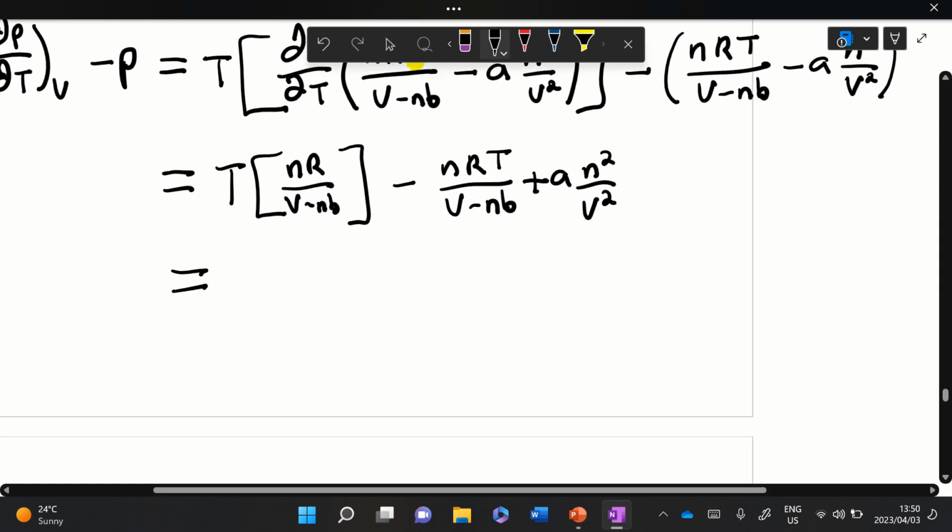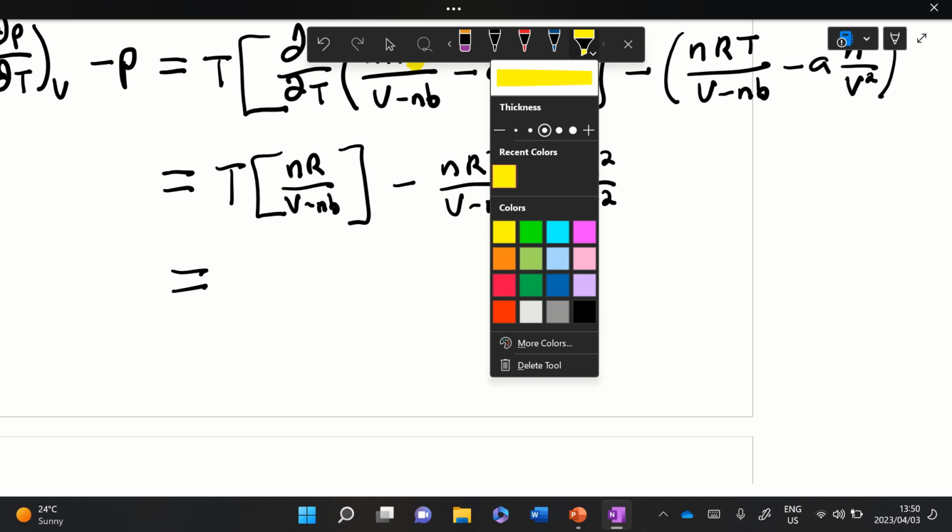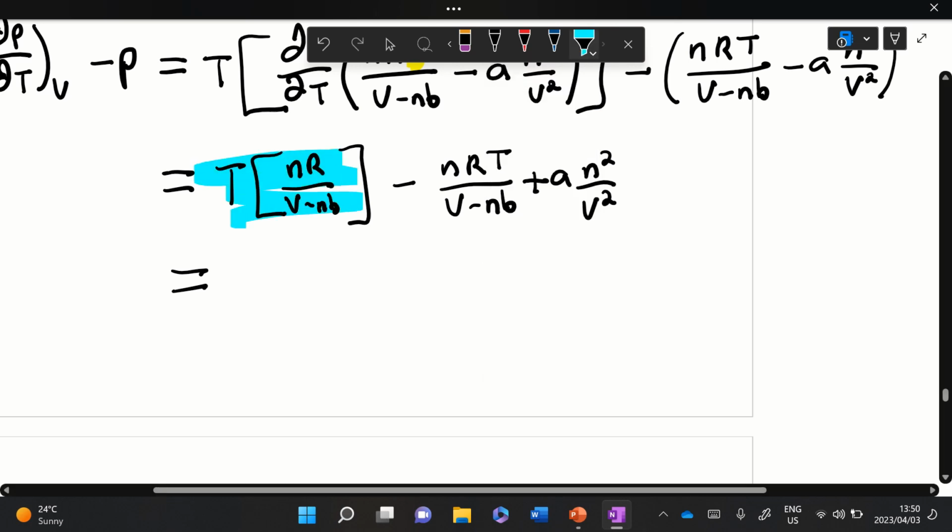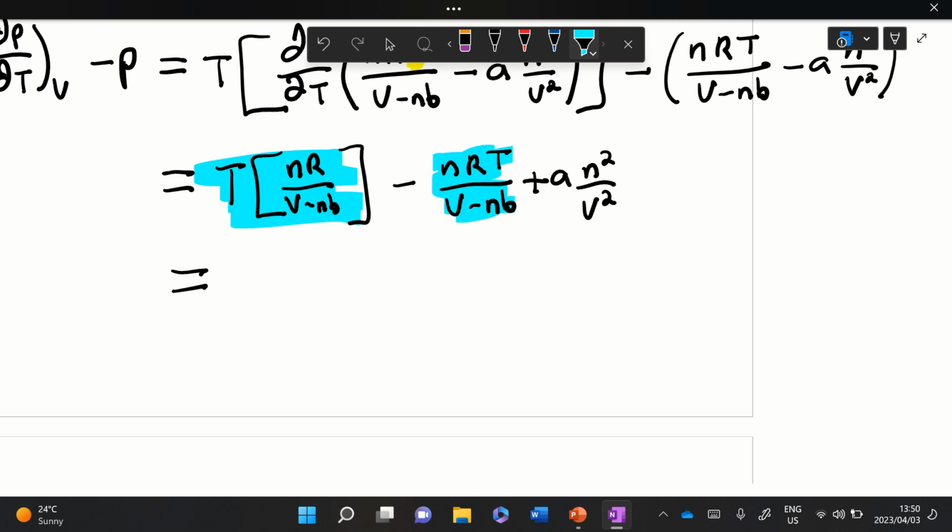Again, we can see that these two terms, this term and this term, are the same thing. So we're subtracting them from one another, and we're just left with a n squared over V squared. Right.